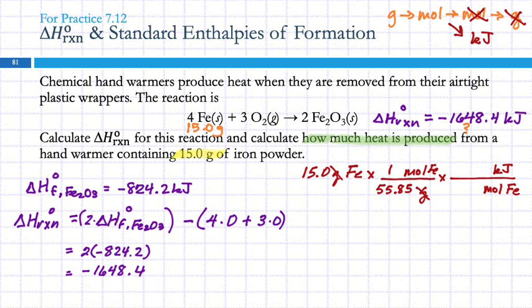Negative 1648.4 kilojoules for how many moles of iron? 4. Moles of iron cancel out. So 15 divided by 55.85 times negative 1648.4, and then I often forget to divide by that 4. And so negative 110.7 kilojoules.